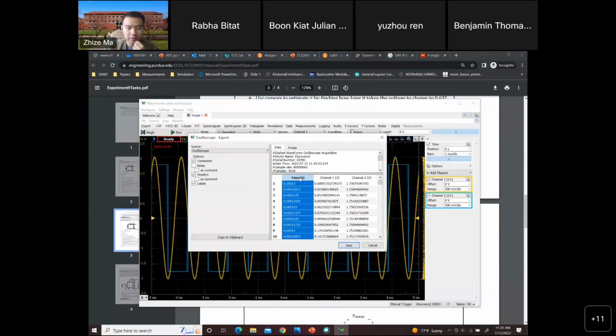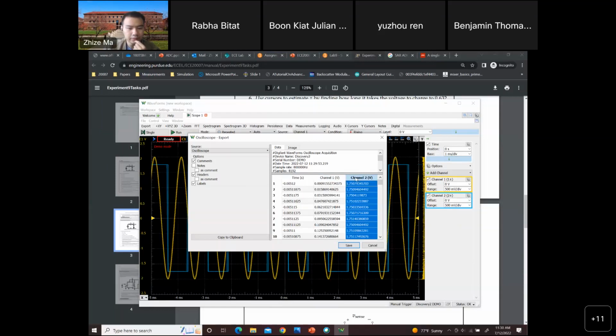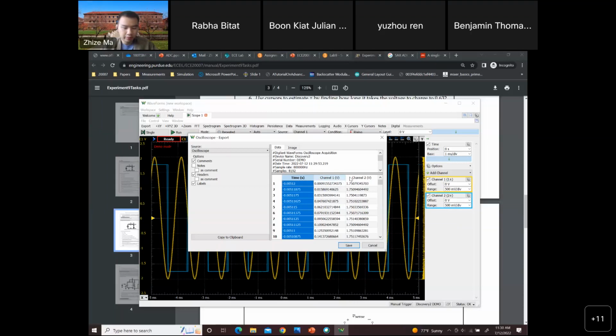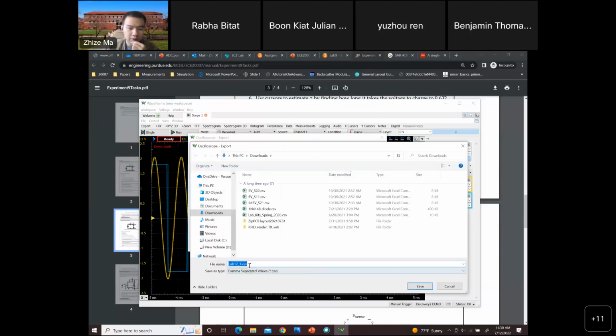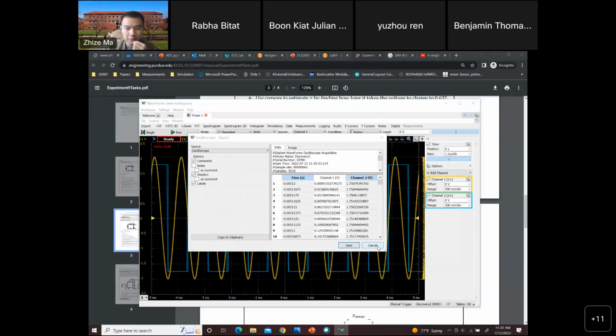So time is the x-axis, and channel 1 and channel 2 are the y-axis. Then you can save the data into an Excel document.